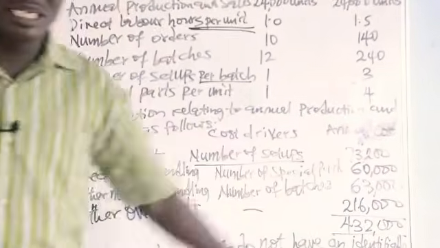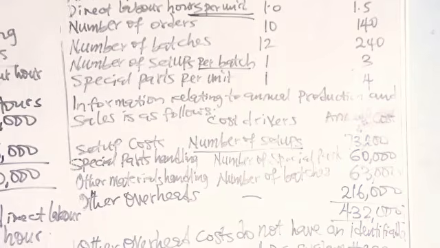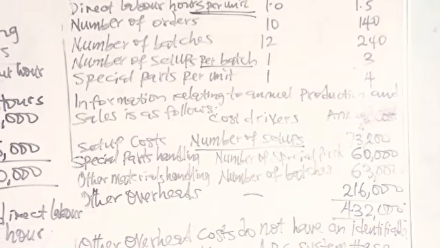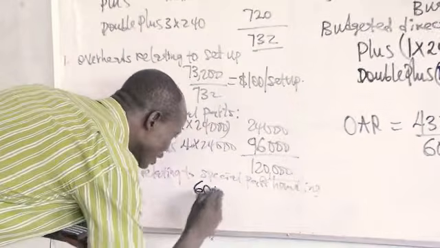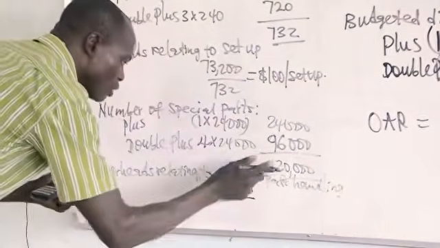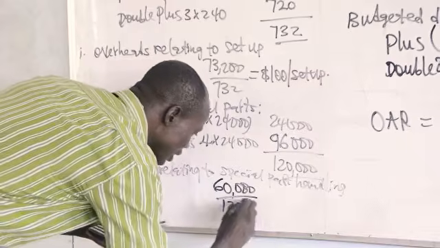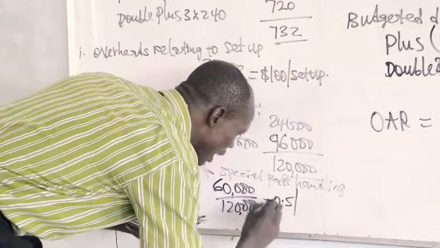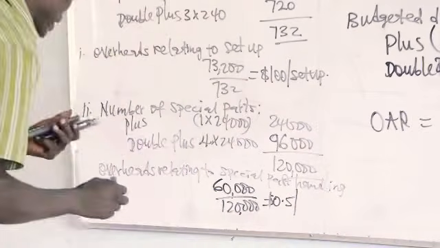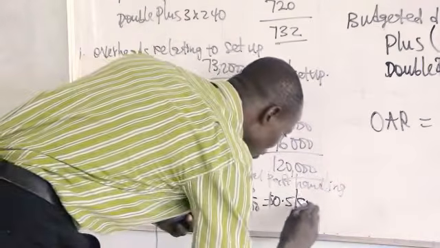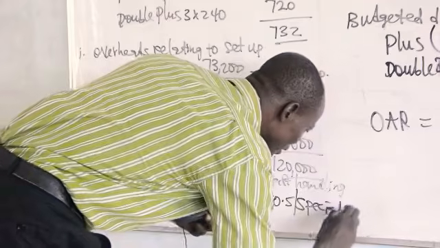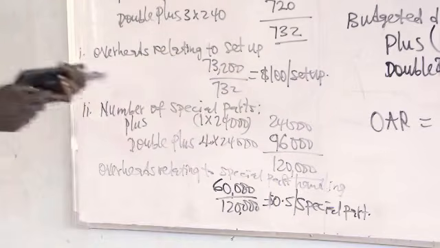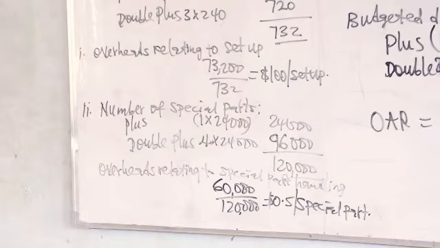And that is 60,000. Then you now divide the 60,000 by 120,000, and that will give us 0.5 per special part.